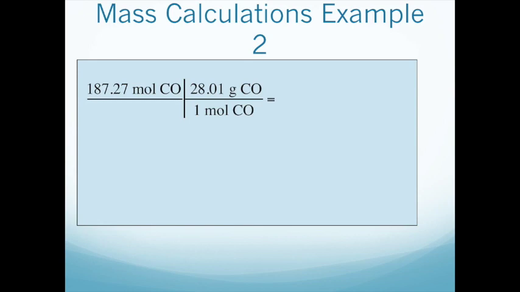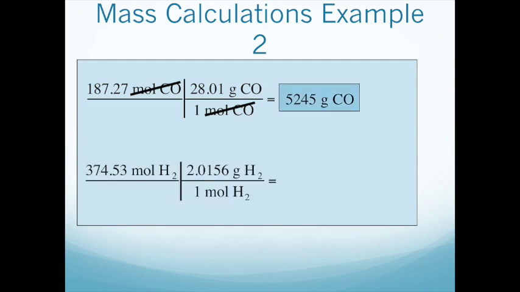Now we go further. 187.27 moles of carbon monoxide times 28.01 grams per mole of carbon monoxide means that we consume 5,245 grams of carbon monoxide in this reaction. And 374.53 moles of hydrogen gas times 2.0156 grams of hydrogen gas per mole means that we consume 754.9 grams of hydrogen gas in this reaction.